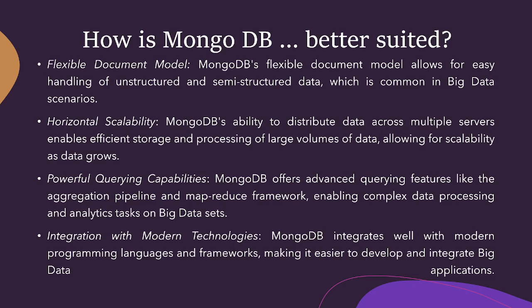MongoDB has powerful querying capabilities. MongoDB offers advanced querying features like the aggregation pipeline and the MapReduce framework, which enable complex data processing and analytic tasks on big data sets. The aggregation pipeline enables you to chain numerous operations and transformations on data.